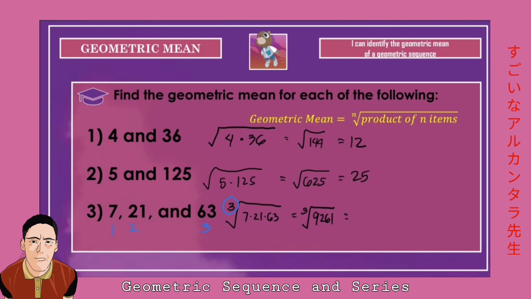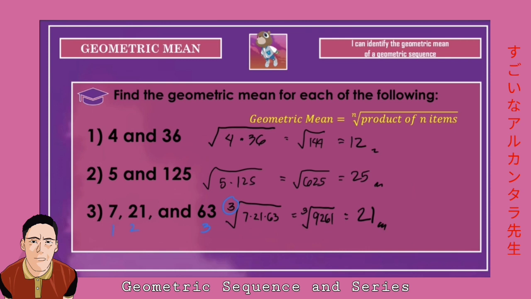What's the cube root of 9261? Let me search. Cube root of 9261. So it's 21. So these are your answers for geometric mean. I still hope that I'm making sense.